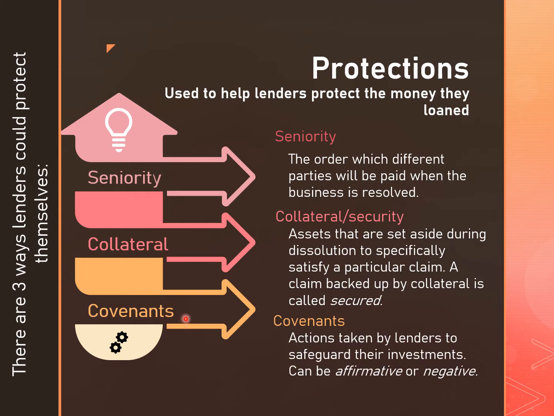Next adalah covenant. Covenant adalah action taken by lenders to safeguard their investment, can be affirmative or negative. Kita akan tengok these three in details later. So you need to know that bila adanya hutang, bila kita pinjam duit daripada orang, dia mesti ada some protection untuk protect lender lah daripada ketidakmampuan untuk bayar hutang tu.